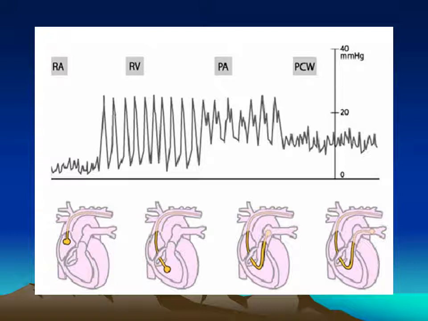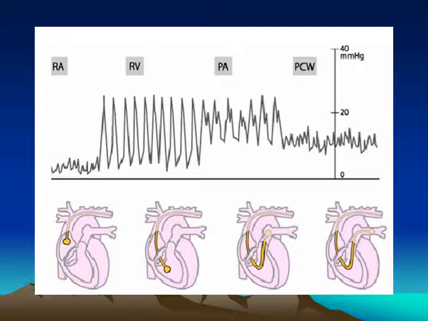The next slide is the monitoring of arterial pressures. Here we have the insertion of a Swan-Ganz catheter, where as we move from left to right, we have the right atrial pressure, usually minimal, 3 to 5 millimeters of mercury.